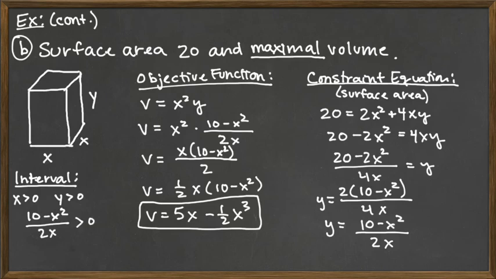But if you take a look at what's happening there, we know that x is bigger than 0 to begin with. So since x is bigger than 0, the 2x is bigger than 0 always. So we know always that that bottom is bigger than 0. So we're really looking at the 10 minus x squared being bigger than 0. And so really what that's telling us is our x squared is going to have to be less than 10.